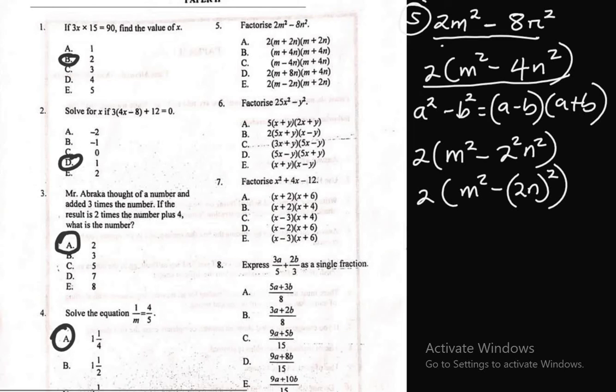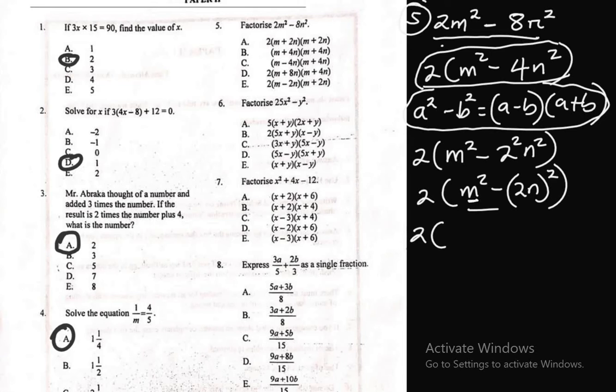Alright, looking at the difference of 2 squares here, what we have here, we are going to apply it here. So 2 brackets, we pick one m, pick one 2n, m minus 2n, applying difference of 2 squares.